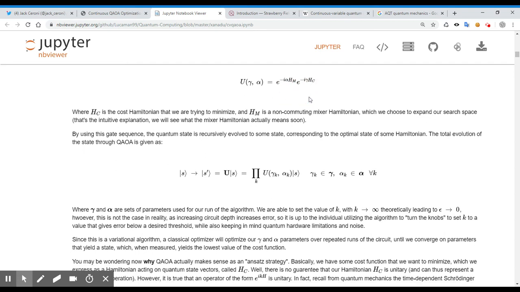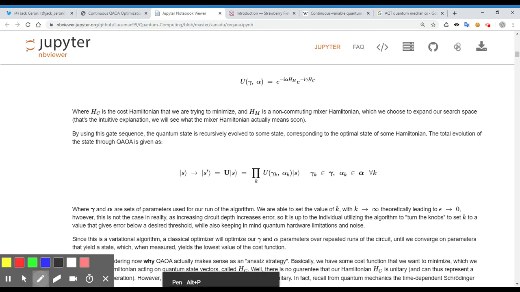And so how this then gets translated into a discrete quantum computing circuit, it's another story, right?